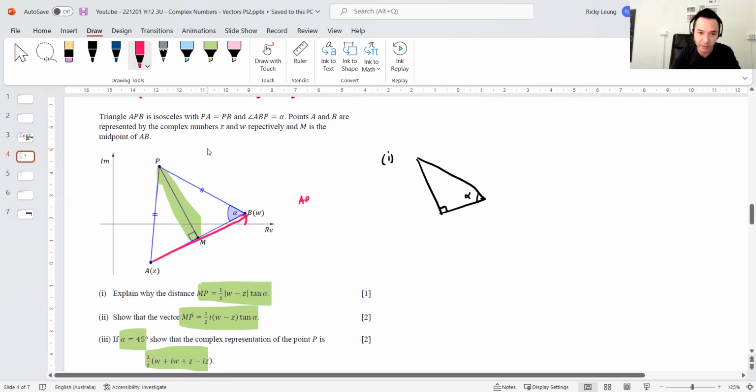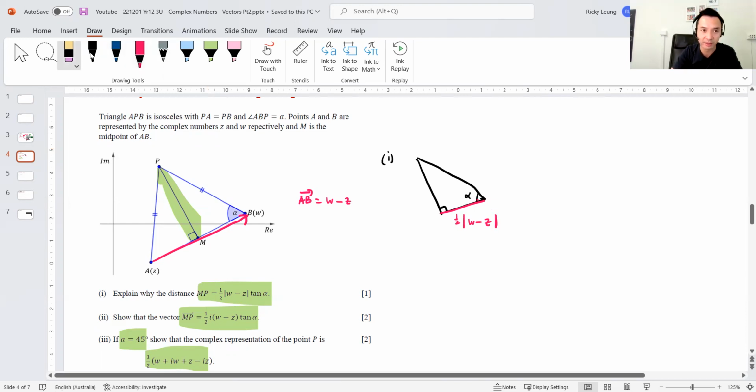Because AB on the diagram would equal W minus Z, right? As a vector. Why is that important? Because MB then, because it's a midpoint and it's given, this guy here would be half the length of AB, right? Which is the magnitude of that vector. Yeah, because the length of that guy would be the vector, and this is half.